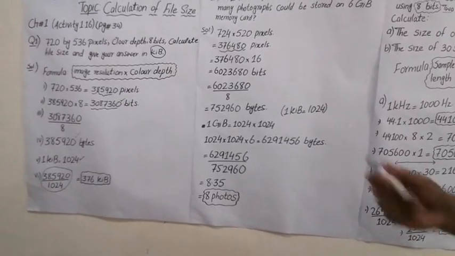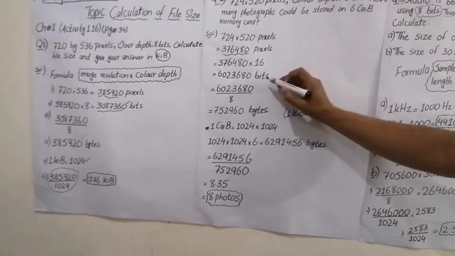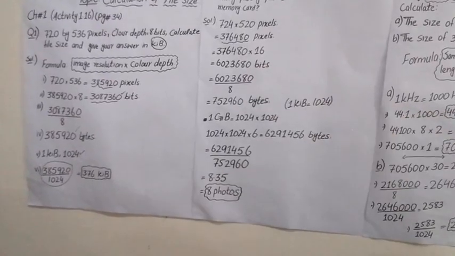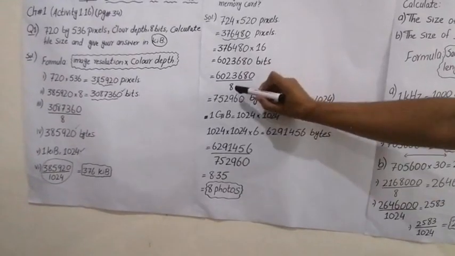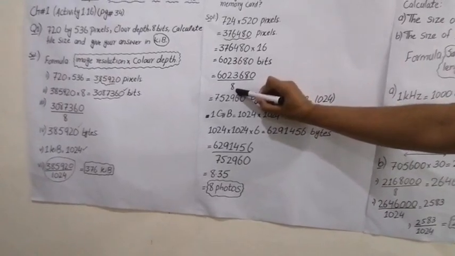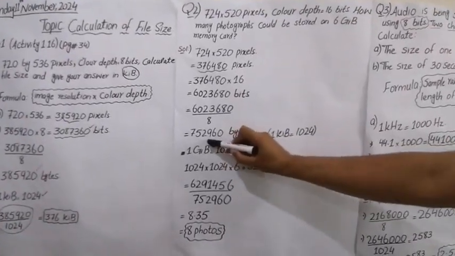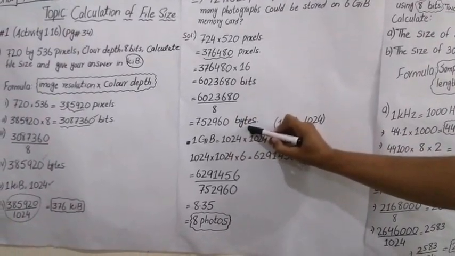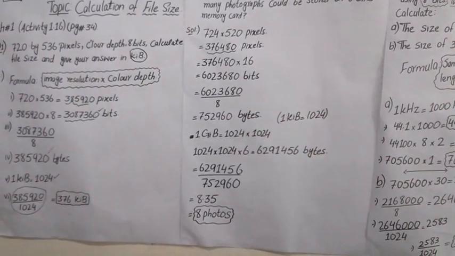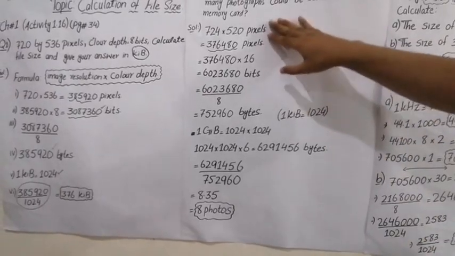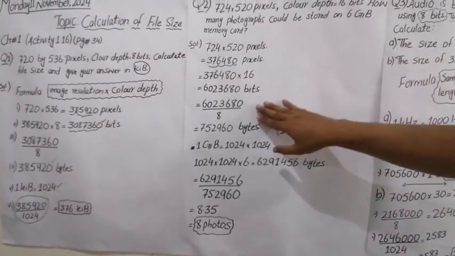So next, as you already know, we have to convert this value of bits into bytes. So for that we have to divide the value by 8, and the answer which we are getting here is in bytes. Okay, and I have already told you that it's very important for you to write the units with the values.